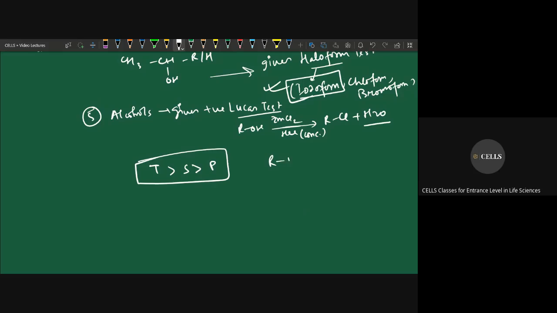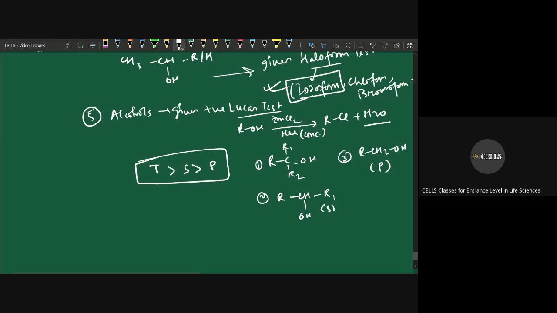So if you have RCH2OH, this is the primary, this one is the secondary, and this is the tertiary.